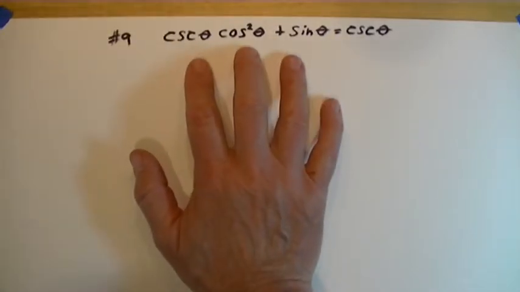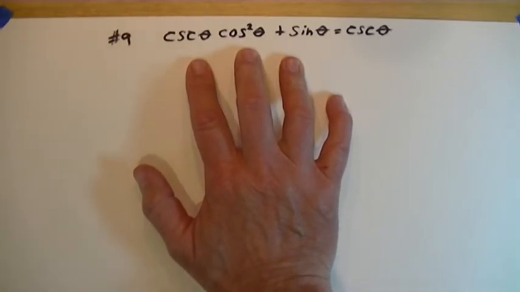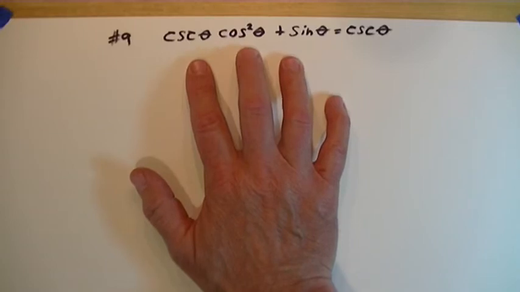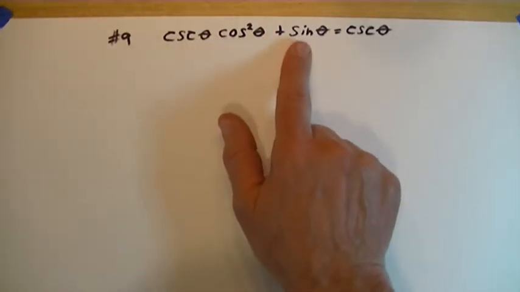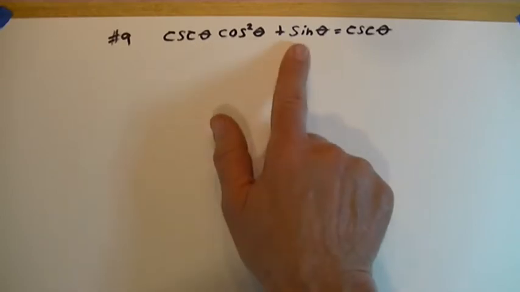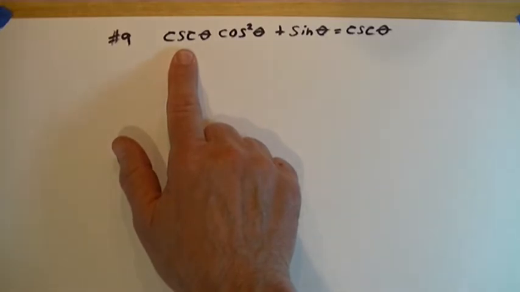The other thing that is kind of a rule of thumb is if you're not really sure what to do, the best thing in terms of starting an identity problem is to convert everything into sines and cosines. We've already got cosine here, we already got sine here, so converting this into sine or cosine might be a way to get started with this, and then we can kind of see where it's going to go.